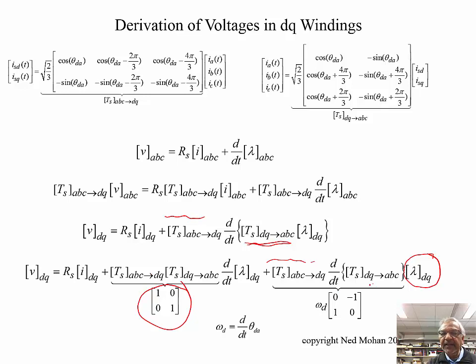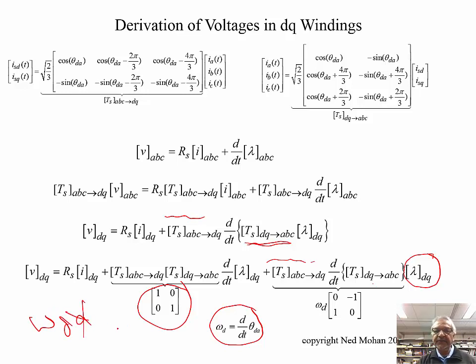And in this case, we have time differentiation of this transformation matrix, and that involves differentiating theta dA with time, and that we call the speed of d-axis with respect to stationary a-axis. We could have called it theta d little a, but who wants to carry this a over here?